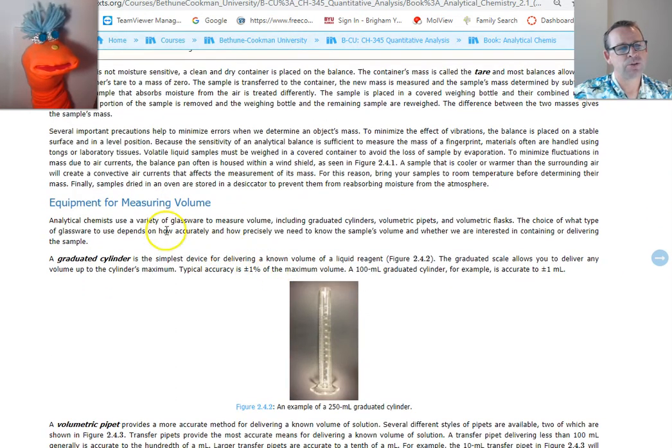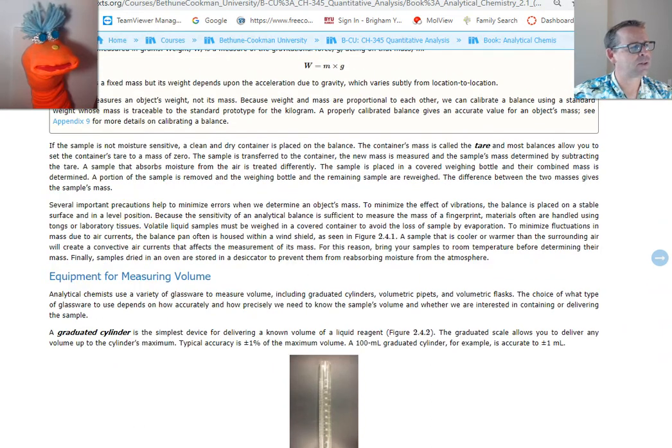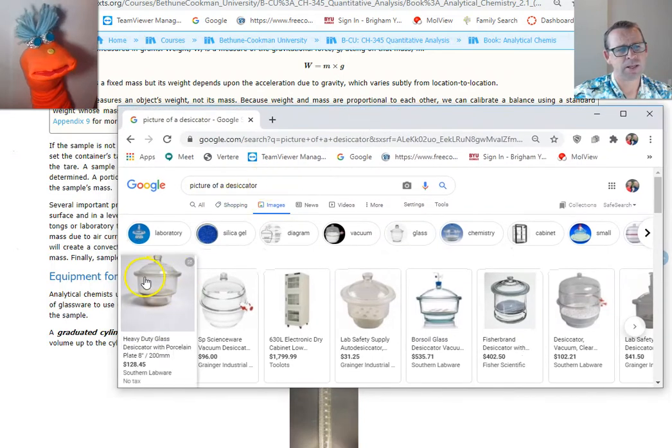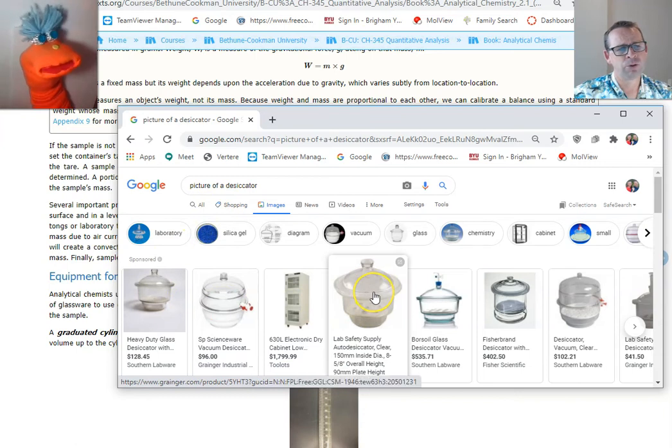All right, let's talk a little bit about how you would dry a sample. You'd use a desiccator. Have you ever seen or used a desiccator? I've seen those around, but I've never used one. All right. There's a lid. The lid is sealed very well with a mineral oil or a mineral gel, or a hydrocarbon gel of some sort, and inside that space becomes dehydrated because down below you have a desiccant.